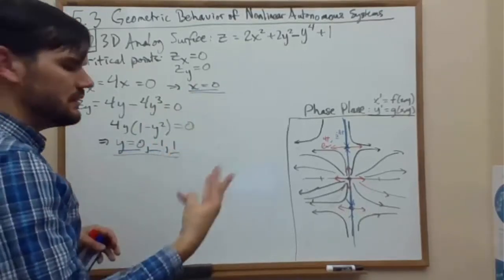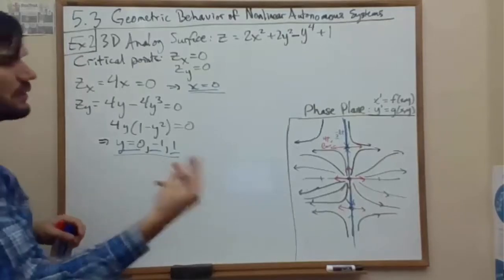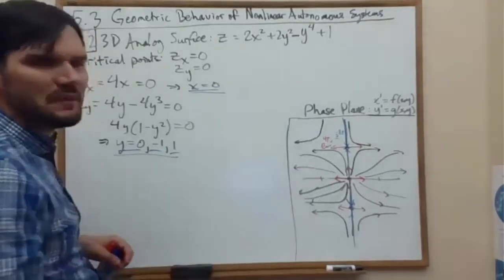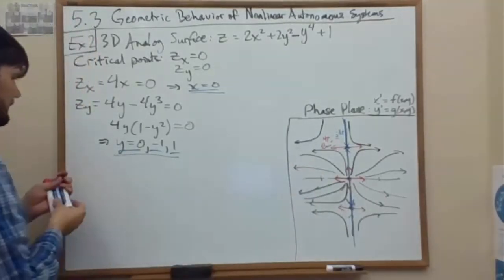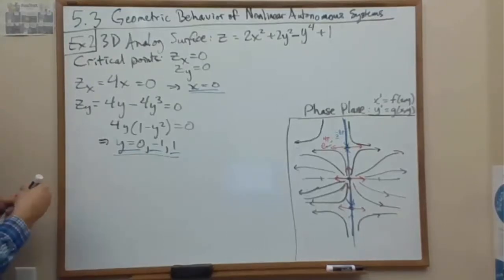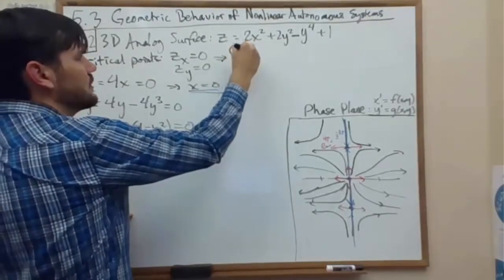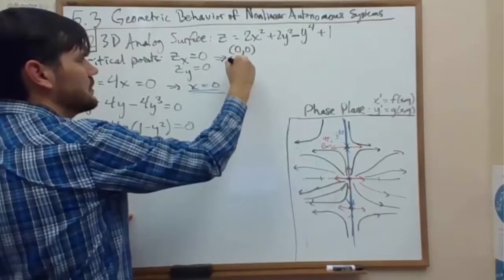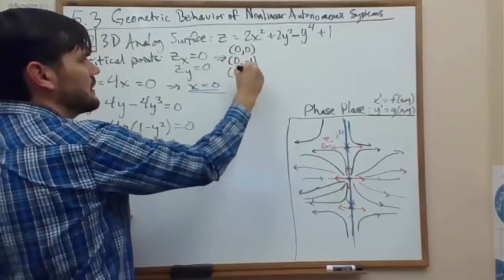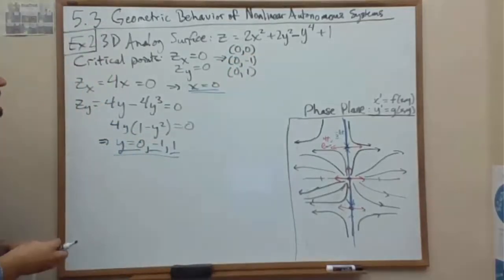So we get three critical points, which are the same as the equilibrium points we just found: (0, 0), (0, minus 1), and (0, positive 1).